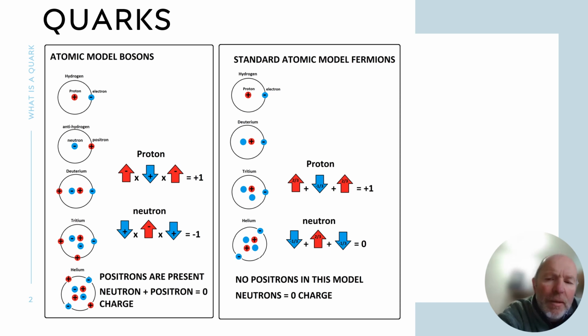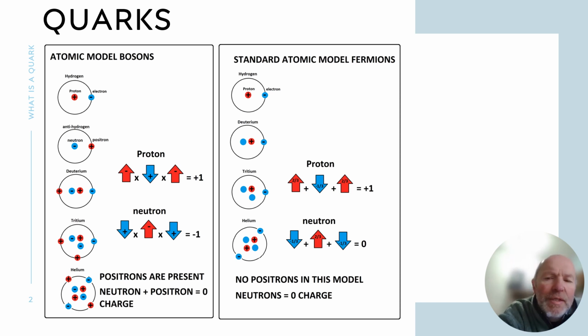The standard atomic model has no positrons in it, which is the antimatter that I mentioned before. So the new quark model is really a boson type model. I will need to explain what fermions and bosons are.